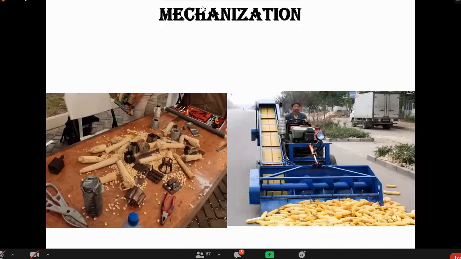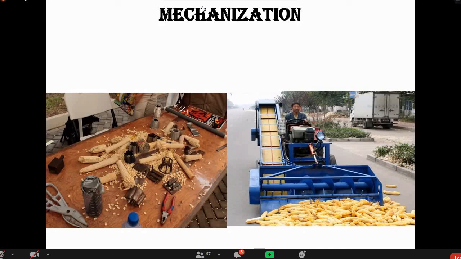Mechanization. The same tasks that were being done by hand are now being done by machine. So you see here, if it was being done by hand, a lot of people were required, and touching the material could produce some kind of dermatitis if coming in contact with it.